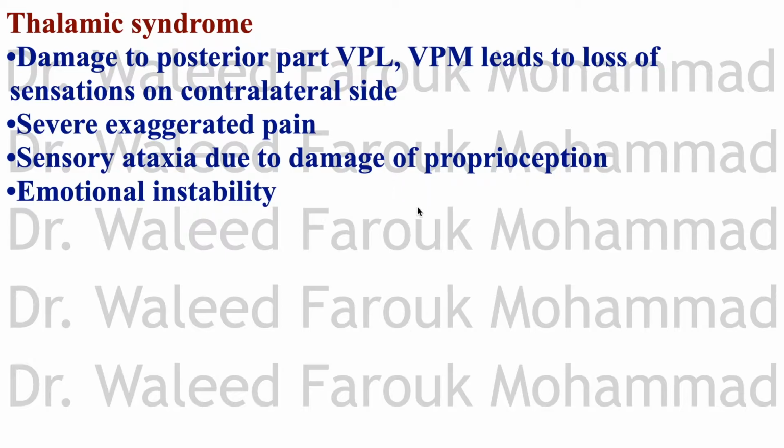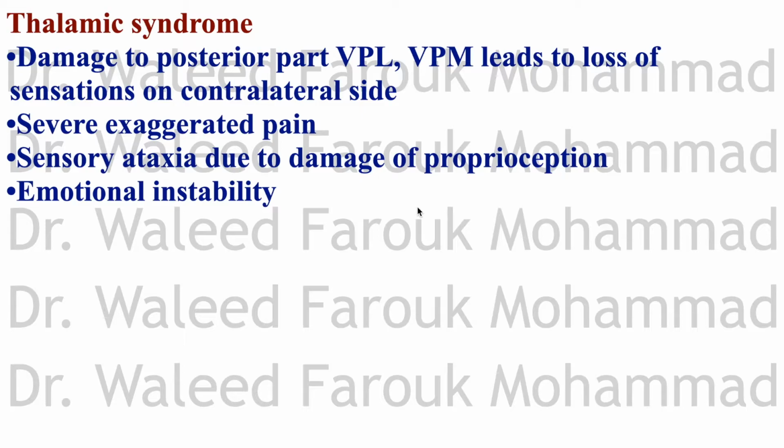We have what is called the thalamic syndrome, in which a lesion in the thalamus leads to damage to the posterior part of the ventroposterolateral and ventroposteromedial nuclei, meaning the sensory nuclei that receive sensation from the body. So it leads to loss of sensations on the contralateral side, because the fibers cross below the thalamus, of course. And there is severe exaggerated pain, and sensory ataxia due to damage of proprioception.